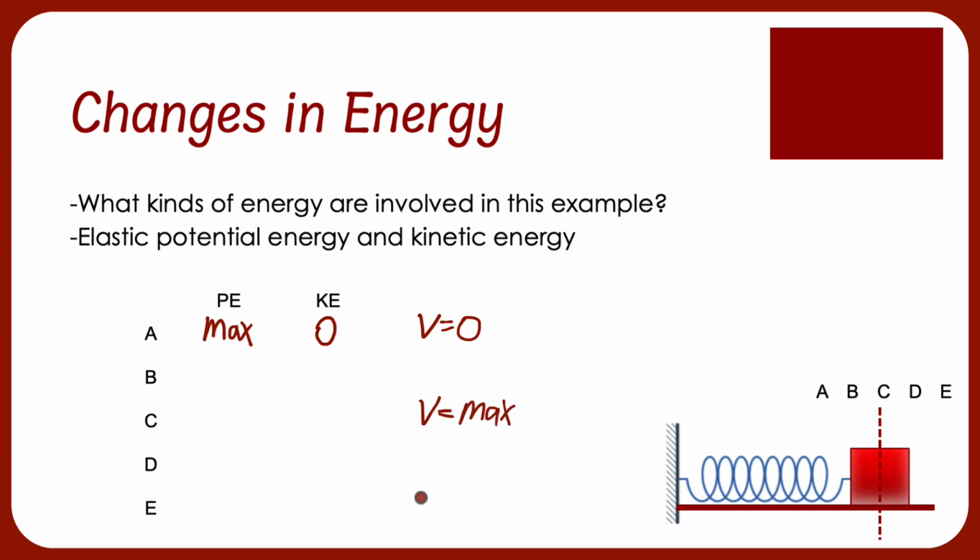It's going to slow down and stop at E, so v will be 0. Correspondingly, my kinetic energy will be a max at C and 0 at E. In the middle, it's at its natural length. It's neither compressed nor extended, so there's no stored potential energy, and a maximum again at the end. And for B and D, I can put values in between the maximum and 0.